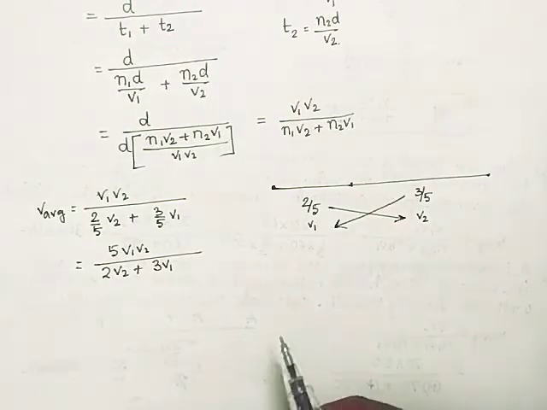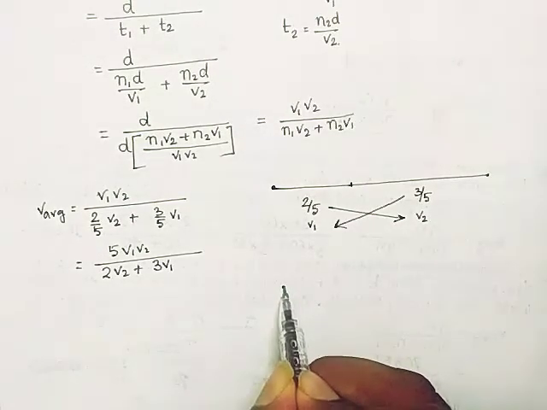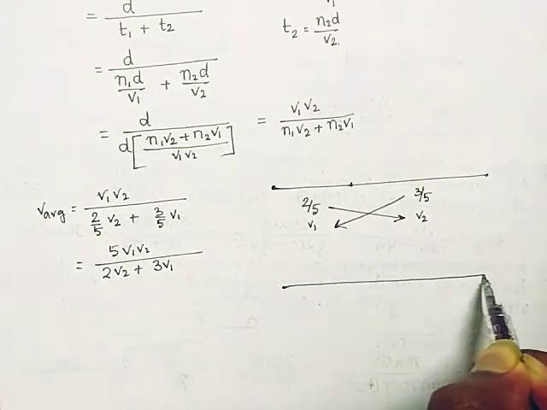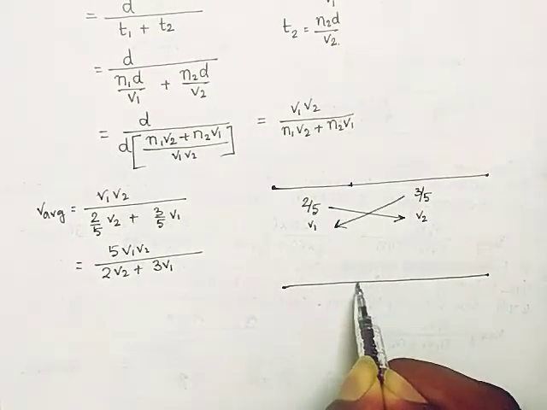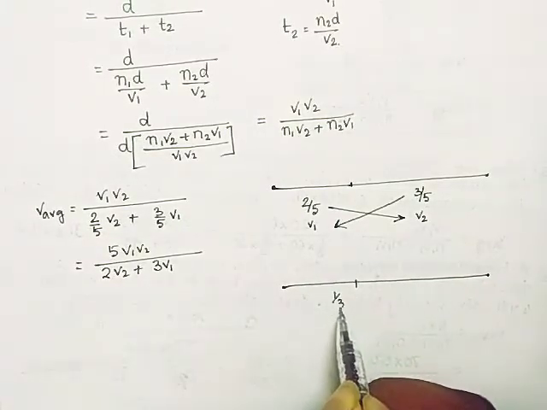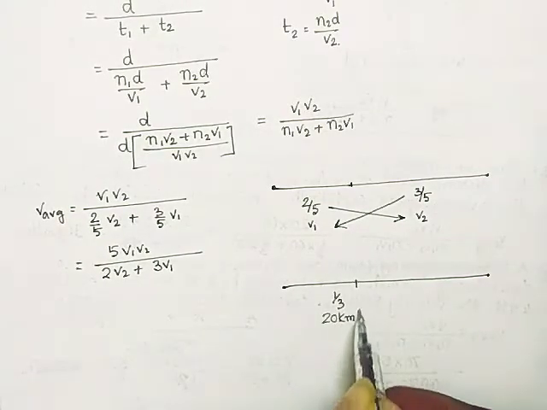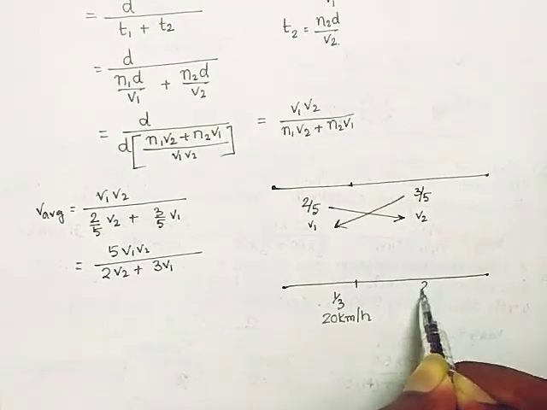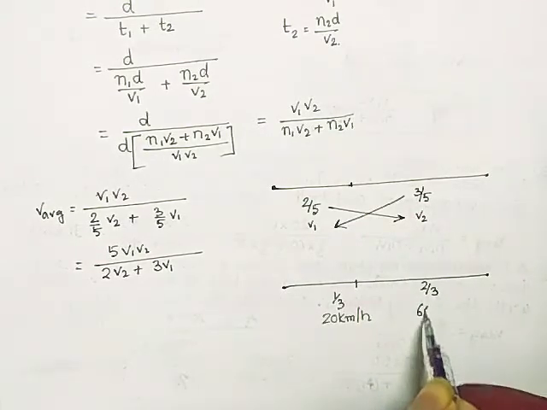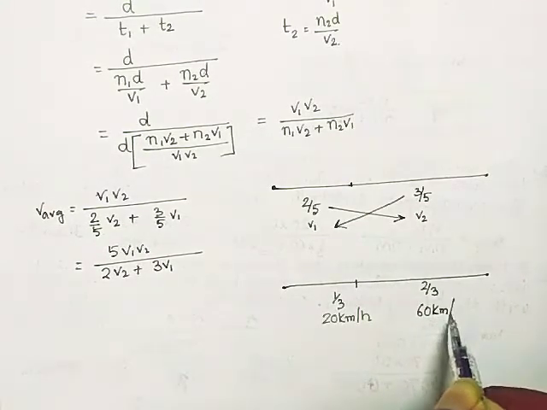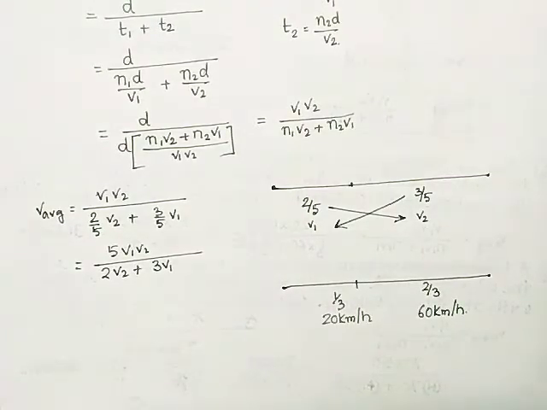Let us take another example. One car moving on a straight road covers 1/3 of the distance with the speed 20 km per hour and 2/3 of the distance with the speed 60 km per hour. Find the average speed.